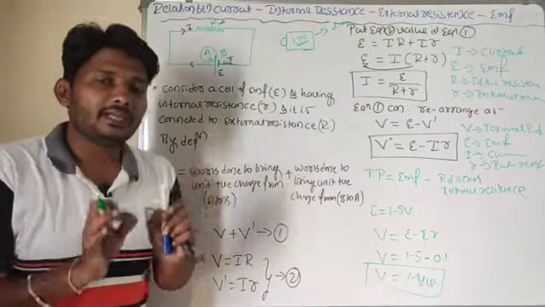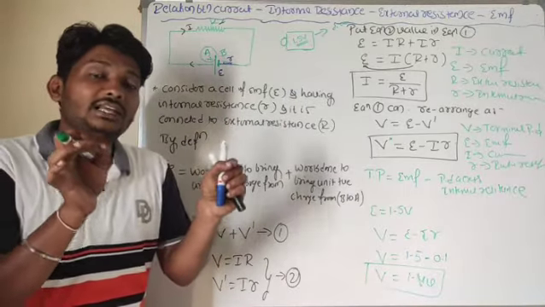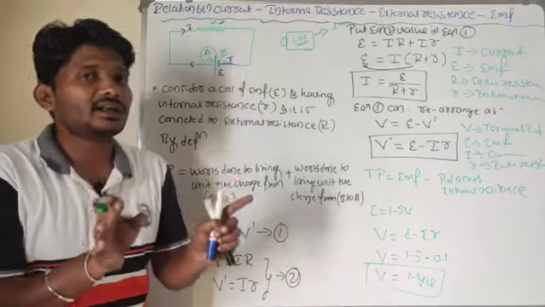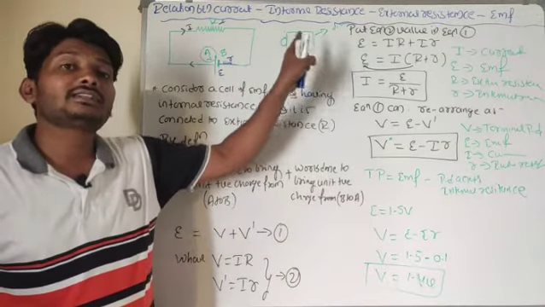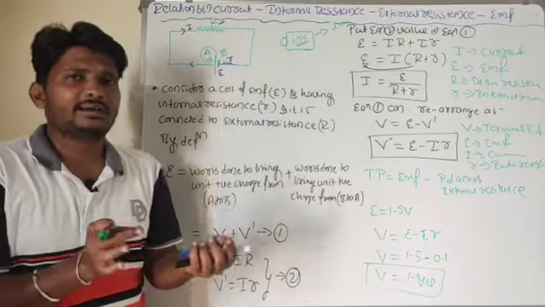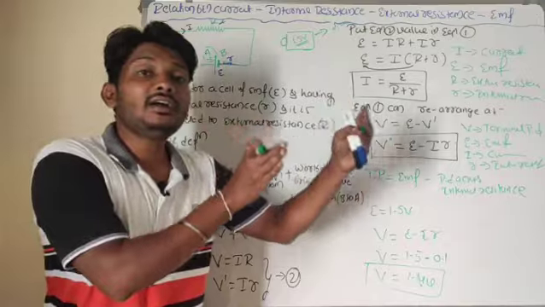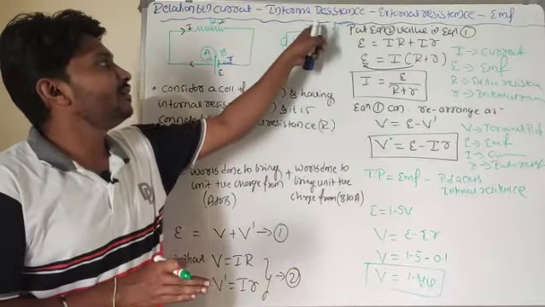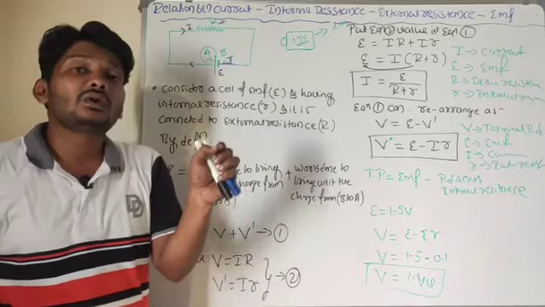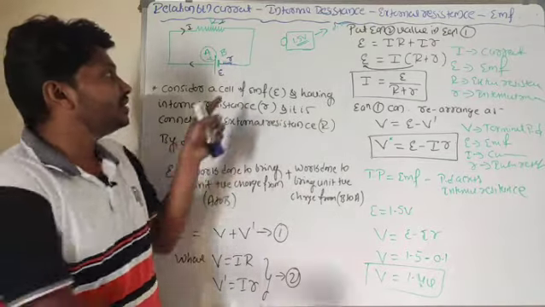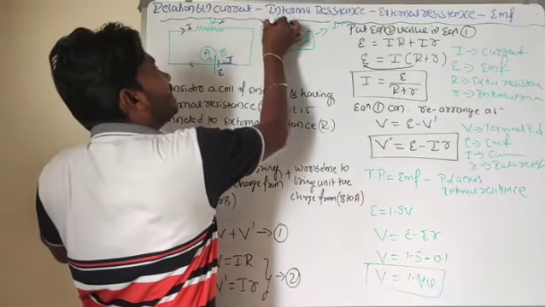So in the case of a discharging cell, the EMF value is always greater than the terminal potential difference. In other words, the terminal potential difference is not greater than the EMF of the cell. A discharging cell means current is drawn from the cell into the circuit, current is flowing from the cell to the circuit.